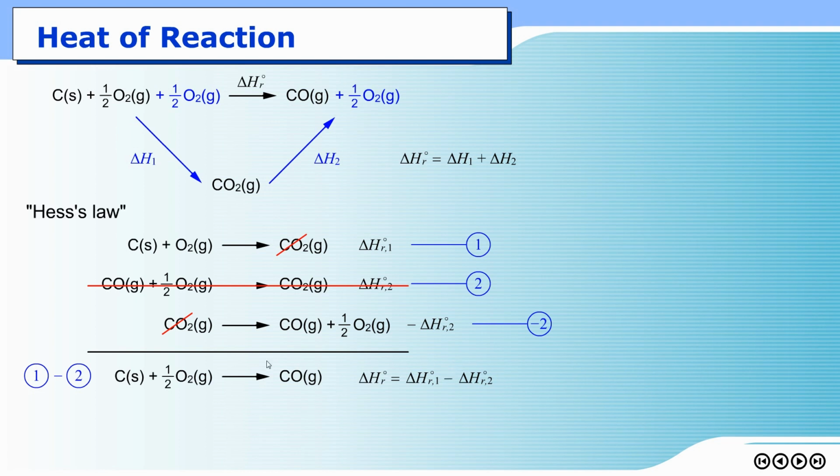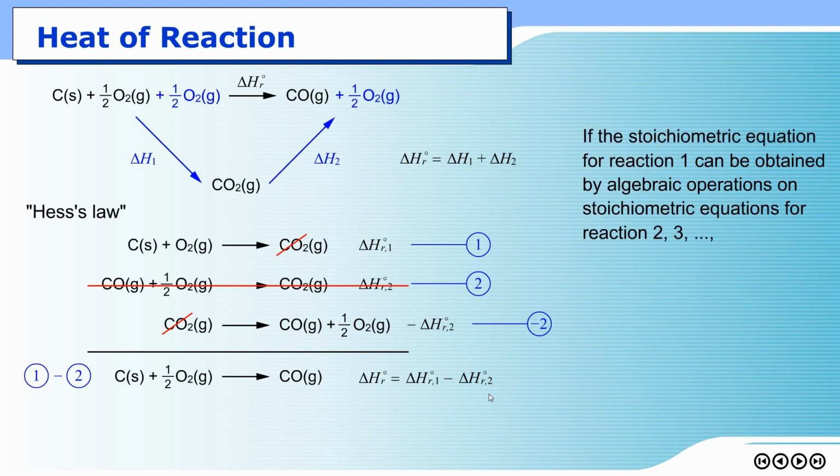By manipulating these small reactions and manipulating the delta H associated with them, this is what we call using the Hess law. Manipulation of these small steps, adding, subtracting the heats of reaction, is called using the Hess law. What is Hess law?